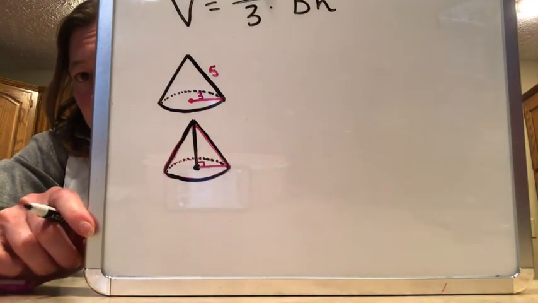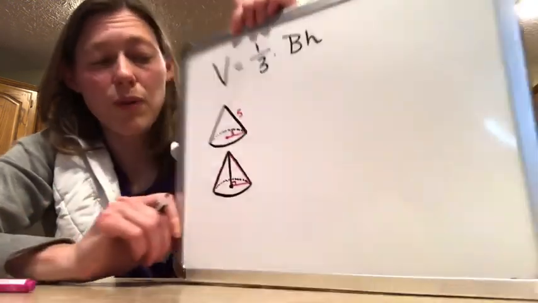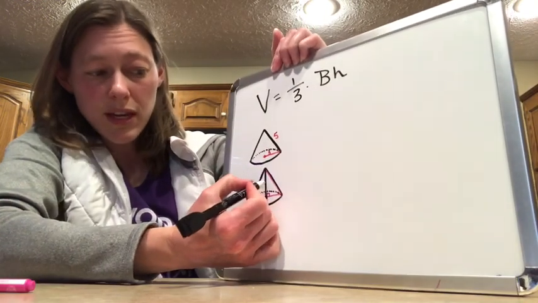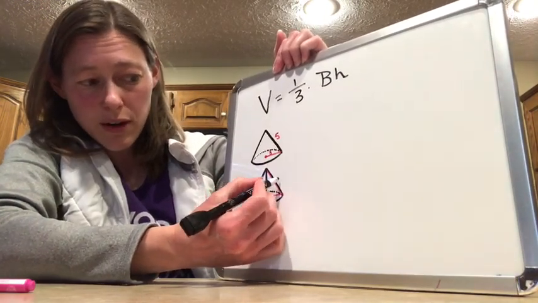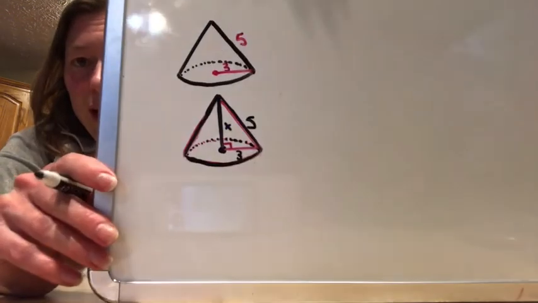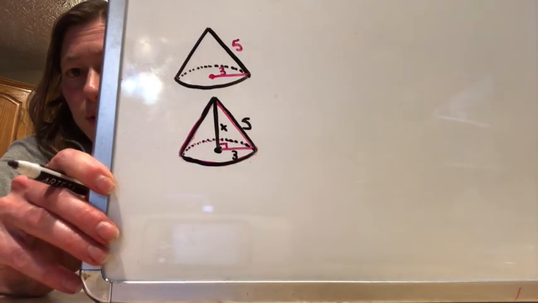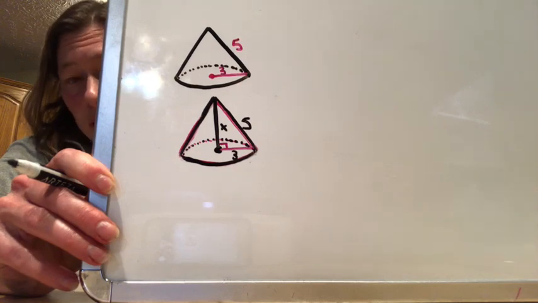Right? And what kind of figure do you see that makes the height and the slant height and the radius? Yes, it's a right triangle. So we need to know this. I'm just going to put a little X there. We need to know X. We know the base and we know the hypotenuse.